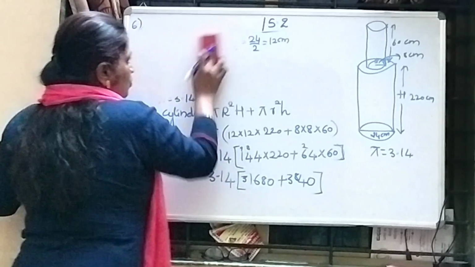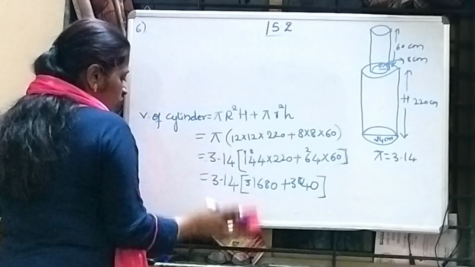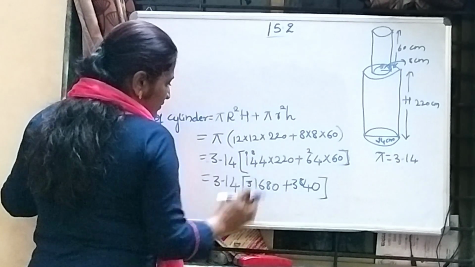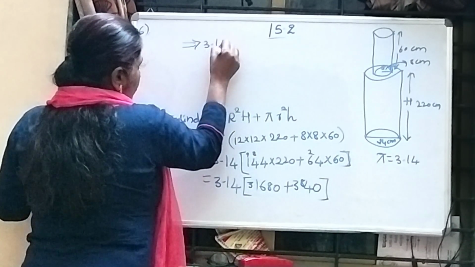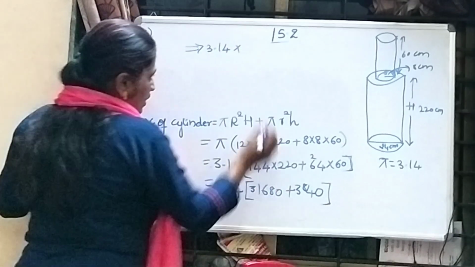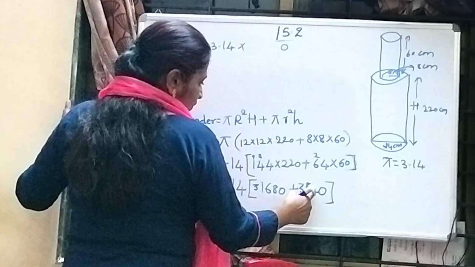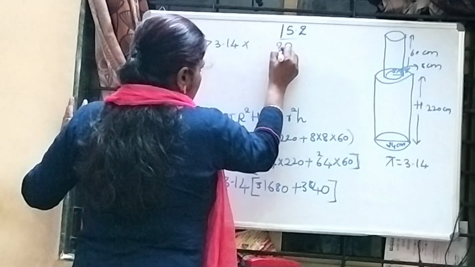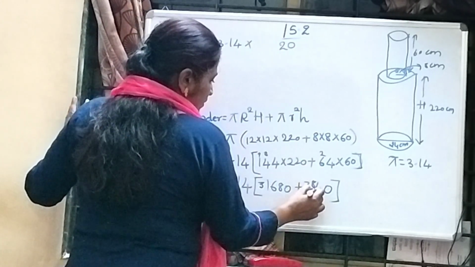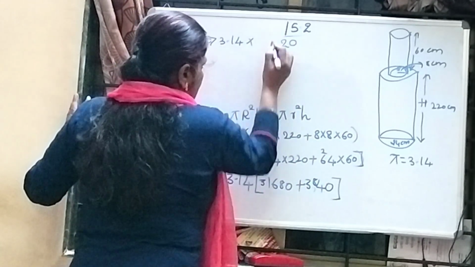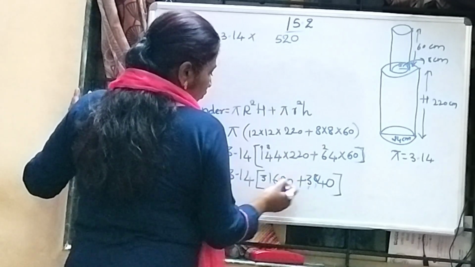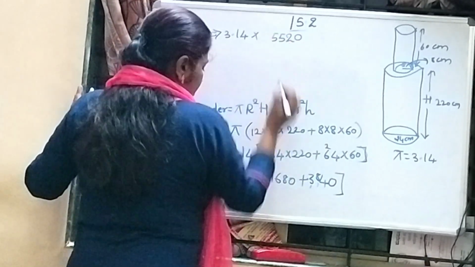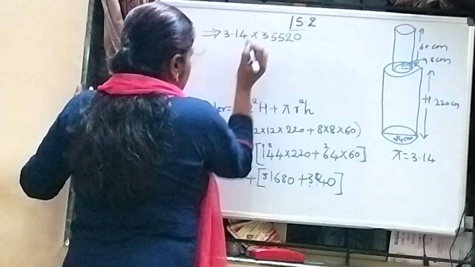After adding those two, we will get the volume. After adding, we have to multiply with 3.14 also. So 3.14 into 0 as it is. Then 4 plus 8 is 12, 8 plus 1, 9, 9 plus 6 is 15, then 3 plus 1, 4, 4 plus 1, 5, and 3 as it is.